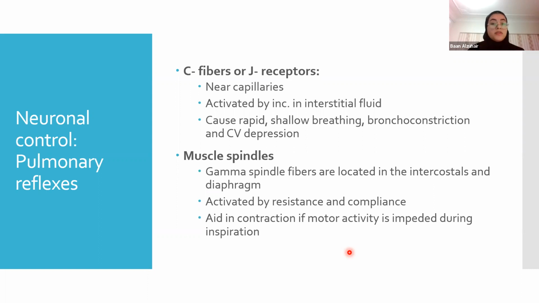Remember, the muscle spindles aid in inspiration. That means the inspiratory muscles are unable to contract. That means you're not able to breathe in as much as you would like to. That's what happens in restrictive pulmonary disease. They cannot breathe in normally. They can breathe out fine, but they cannot breathe in normally.